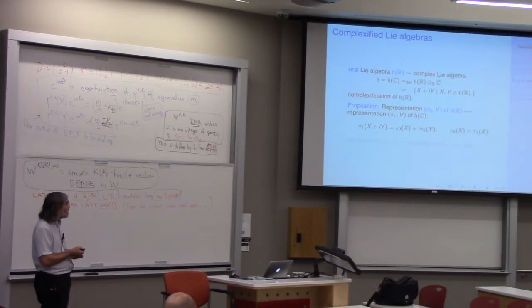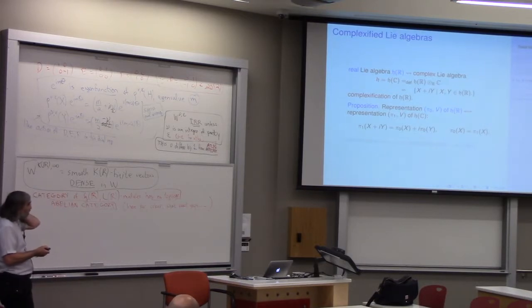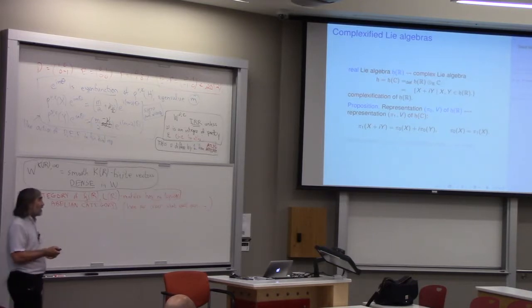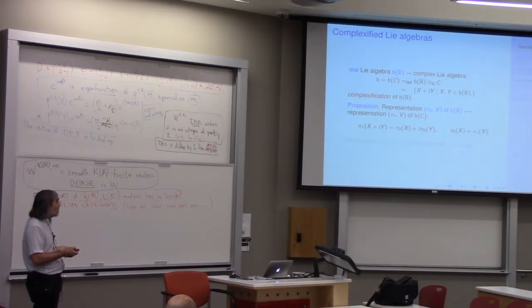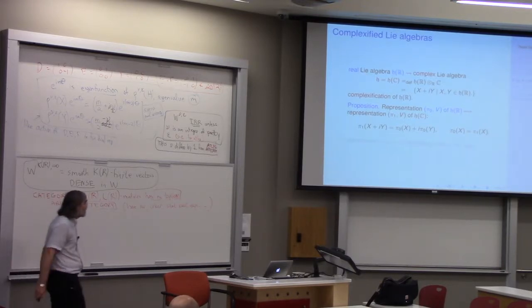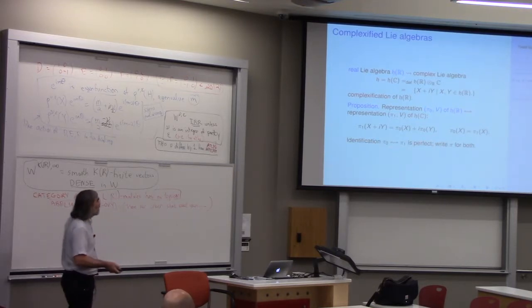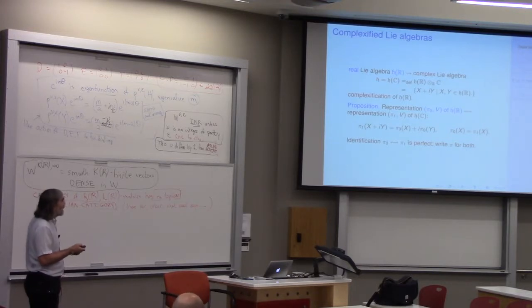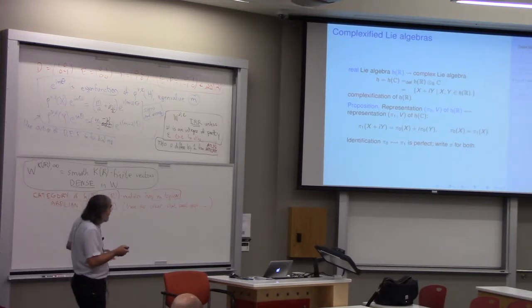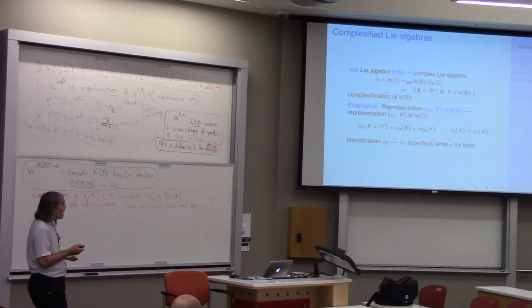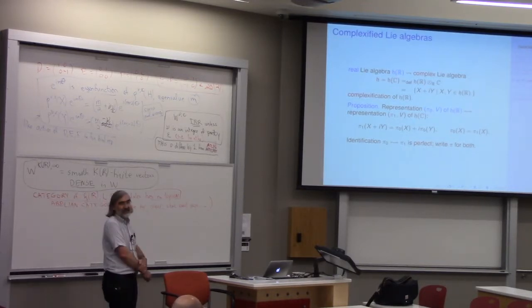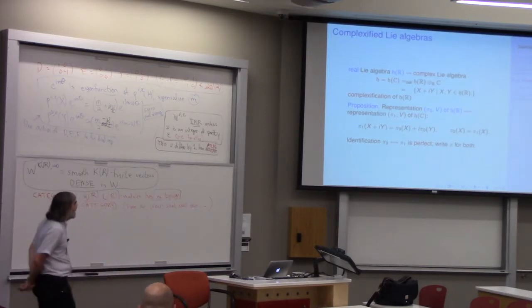If you have this representation pi naught of the real Lie algebra, that defines a representation pi 1 of the complex Lie algebra by this formula. And of course, you get pi naught back from pi 1 just by restricting to the real points. This identification is so perfect that I'll usually just write pi for both of those things. So if you're doing complex representation theory, you might as well complexify your Lie algebras. It's just easy.